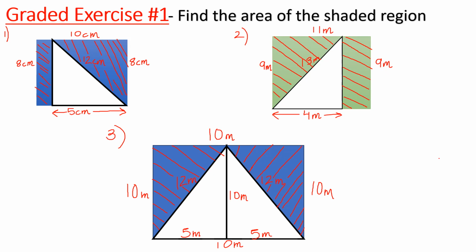CJ, Joseph. Joseph? What number are you on? I'm on number 3. Do you understand what you're doing? Not really.